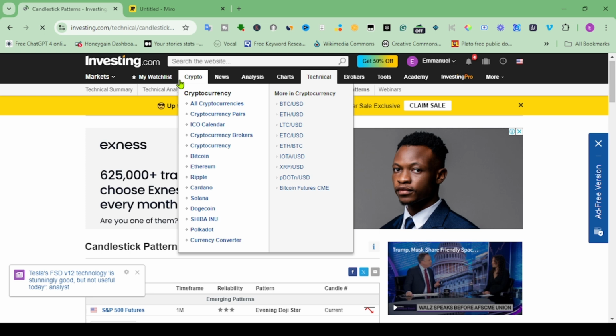Okay. So let's check, see if we can get any other tool here that we can look at. Let's check this technical analysis again. The first one is the technical summary. That's the one we treated first. Let's check this technical analysis and see what is there.